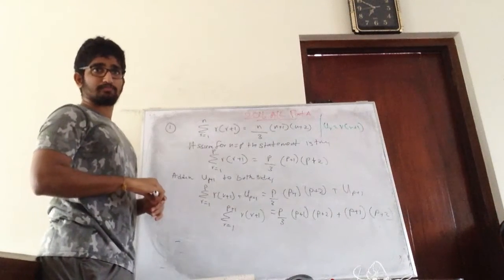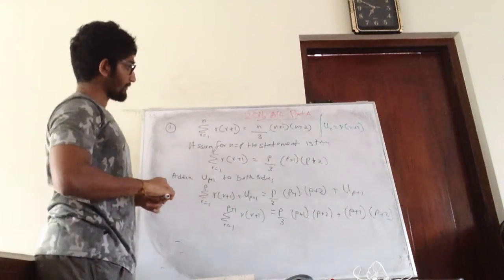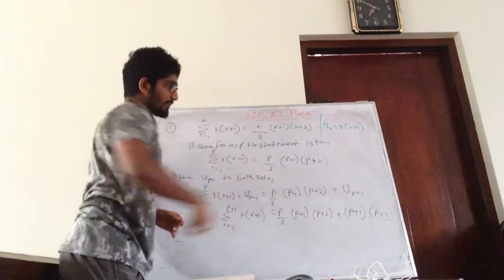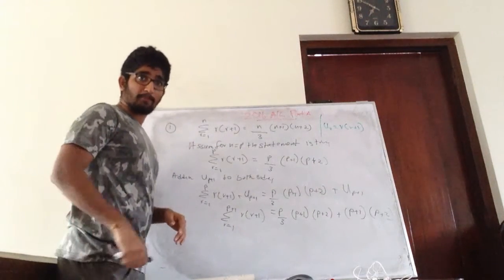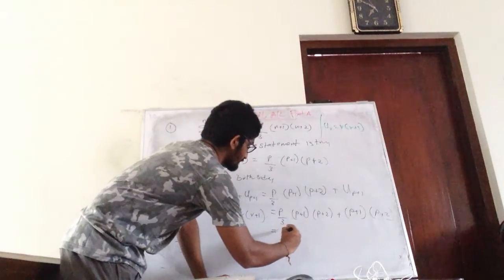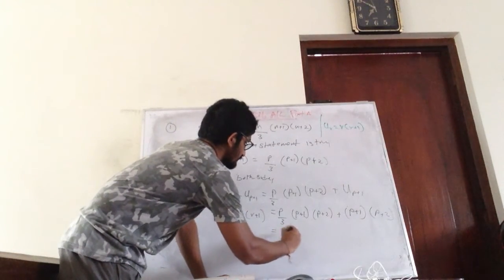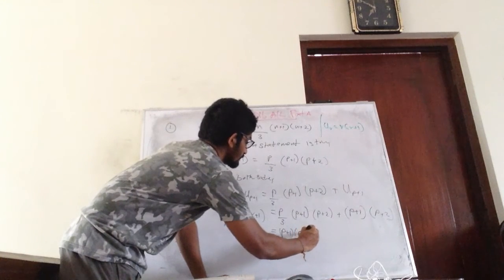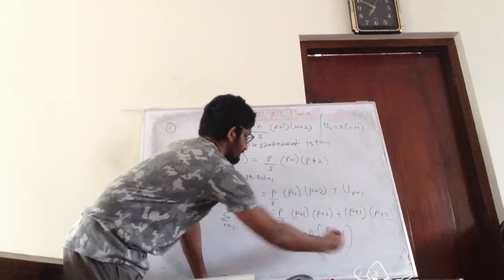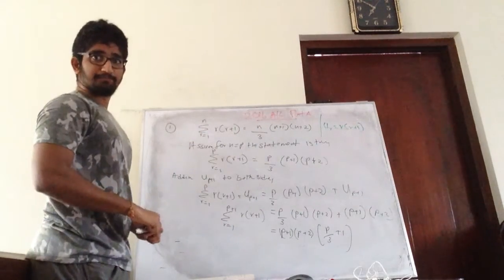Correct, no? Right? Okay. So now I see this p plus 1, p plus 2 is common, no? Correct? So I'm going to cluster that out, that is p over 3 plus 1. Correct, no? Right?